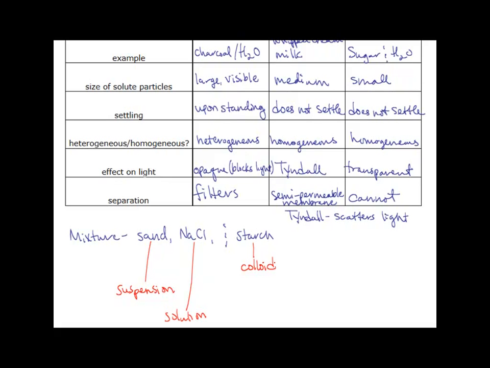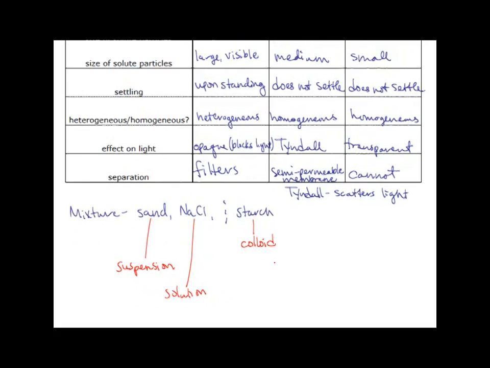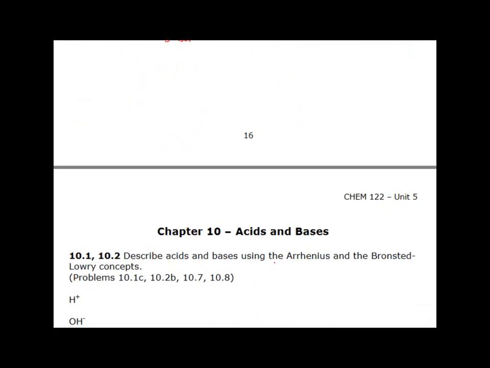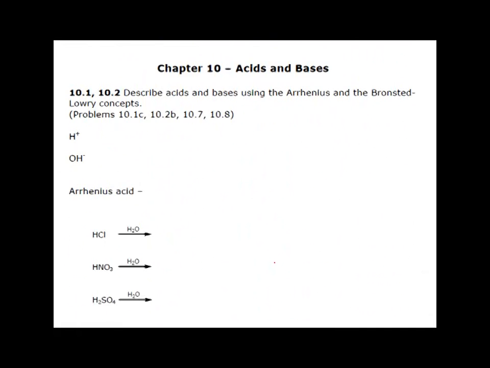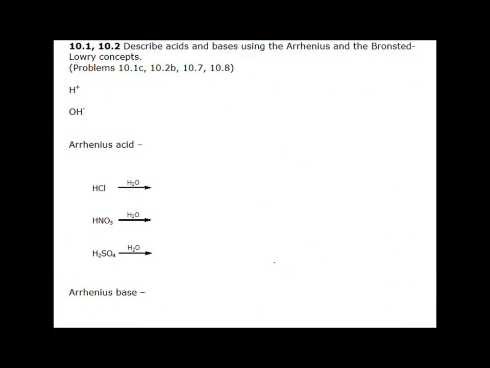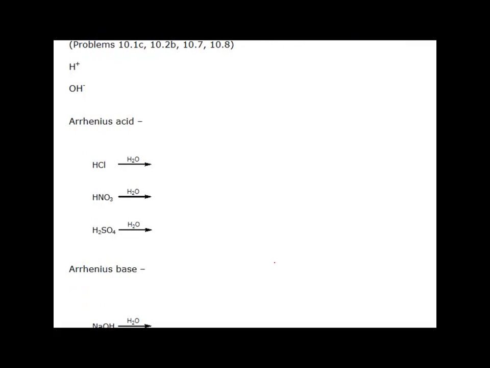Okay, so moving on in Unit 5, we're going to now talk about acids and bases. And your household is full of acids and bases. So on a daily basis, you come across acids and bases. And a lot of what we refer to, or shorthand notation with acids and bases, boils down to H+ and OH-.